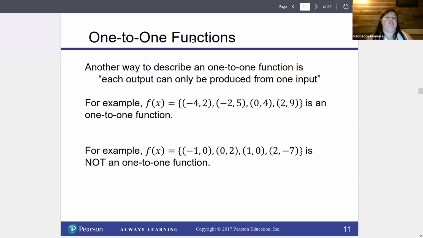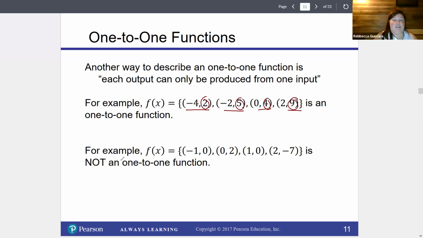So another way to describe a one-to-one function is each output can only be produced from one input. Before we said one input only produces one output, well, now we're adding the extra condition that not only does one input produce one output, but each output can only be produced from one input. So it's one-to-one. For example, if f was {(-4, 2), (-2, 5), (0, 4), (2, 9)}, this is a one-to-one function, because as you see, none of these y values are repeating.